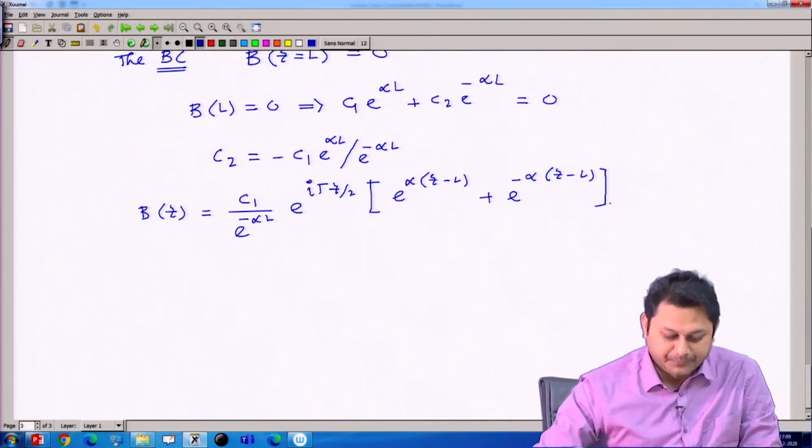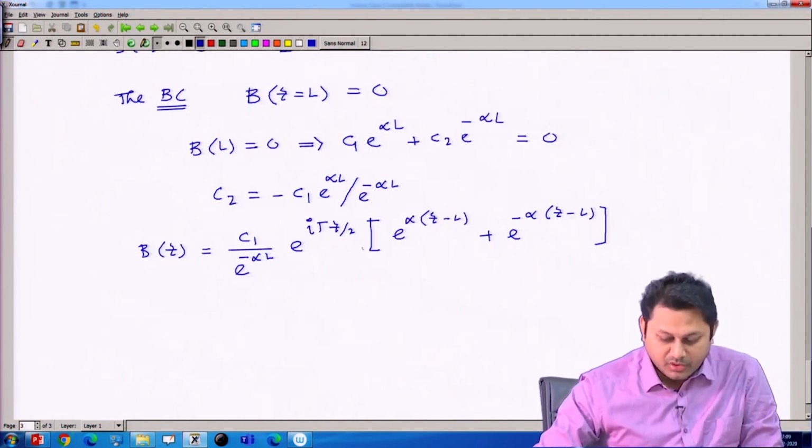I just put the value of C2 here and then take common C1 divided by this, and whatever value I get is this one.